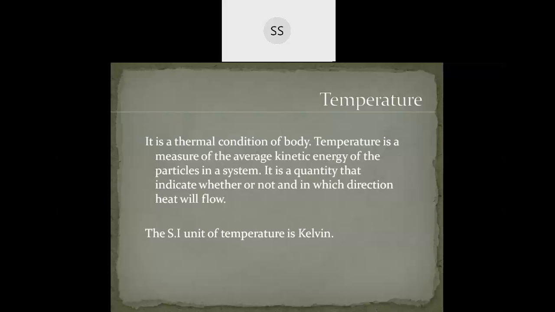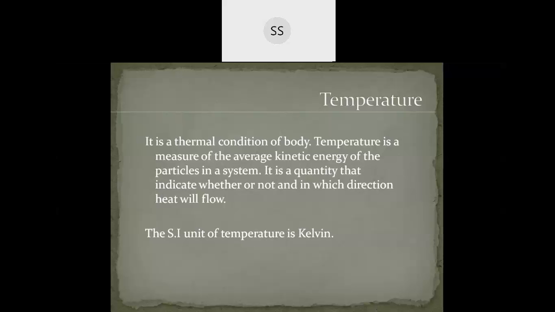See, if heat is transferring from A body to B body, then by measuring the temperature, we will get to know in which direction the heat is transferring, and whether the heat is transferring or not. So, temperature is the measurement of heat, in which direction heat is transferring.